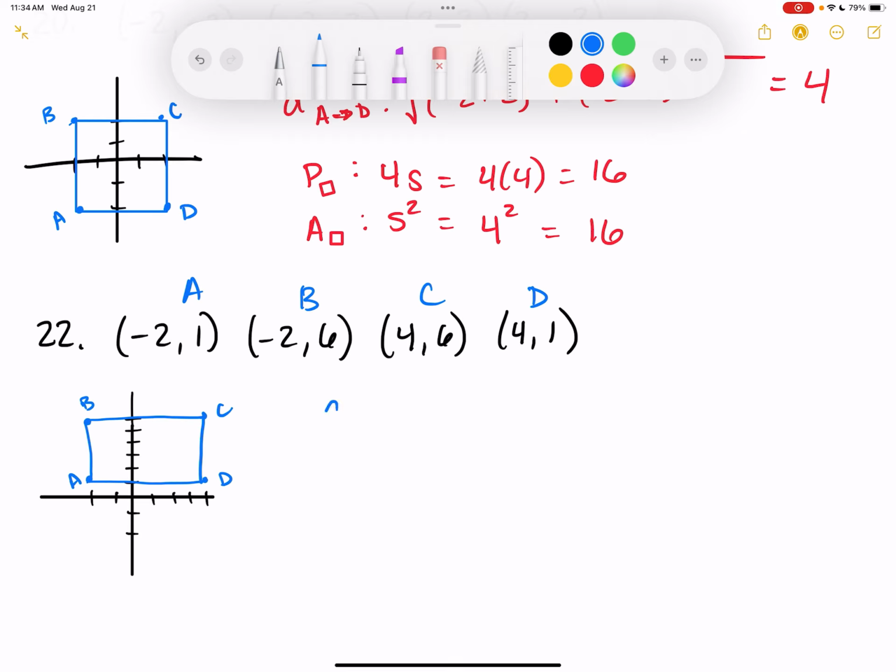So the distance of A to B would be the square root of (-2 plus 2) squared, plus (1 minus 6) squared.